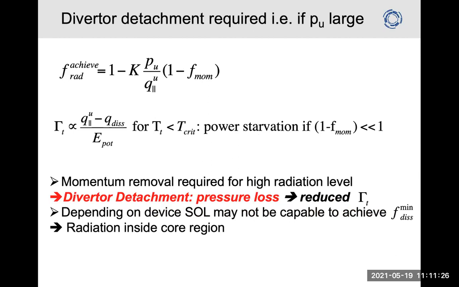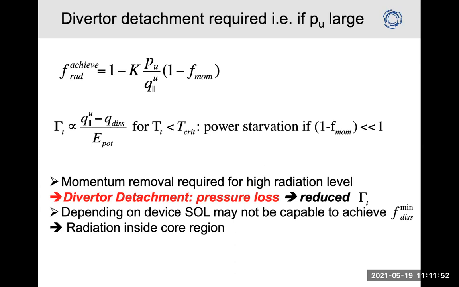So the process of divertor detachment, detaching the plasma from the target, is by our definition the loss of pressure. So when you have sufficient loss of pressure between the upstream location and the target, we talk about detachment.